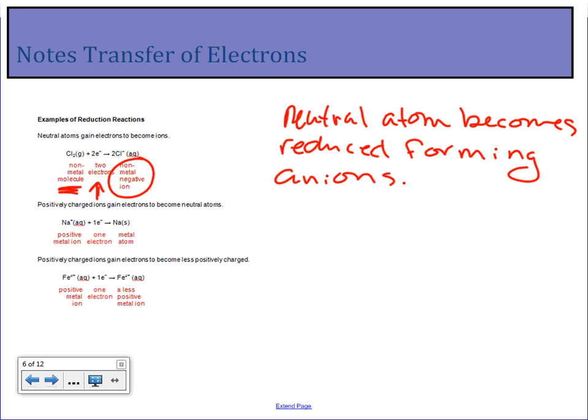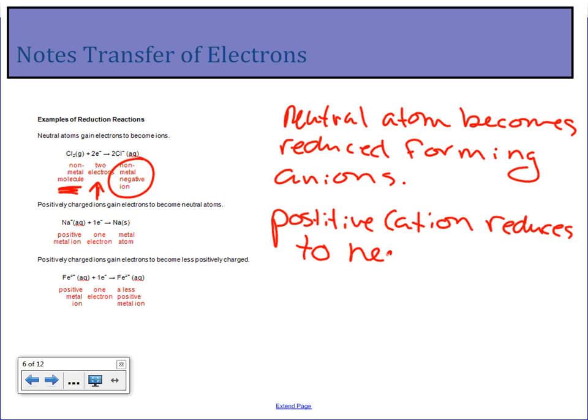Positively charged ions gain electrons to become neutral atoms. Okay, so if we've got a positive cation, it reduces to a neutral atom. And then positively charged ions gain electrons to become less positively charged.